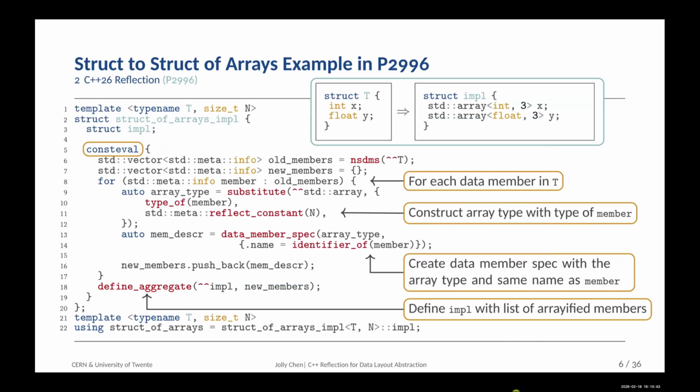Cameron asked, I assume the number of structs in the AOS needs to be known at compile time, right? Yes, I can't really imagine a struct where you would not know this at compile time.